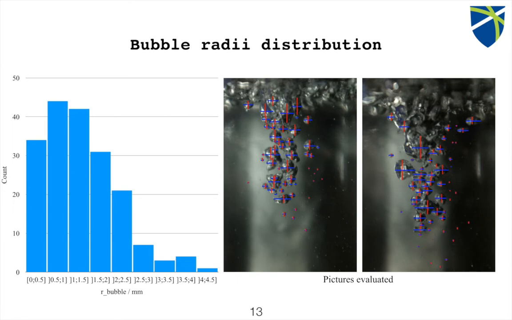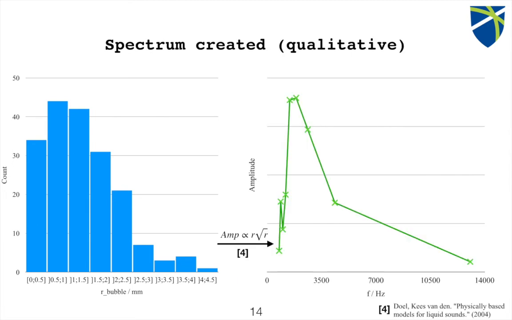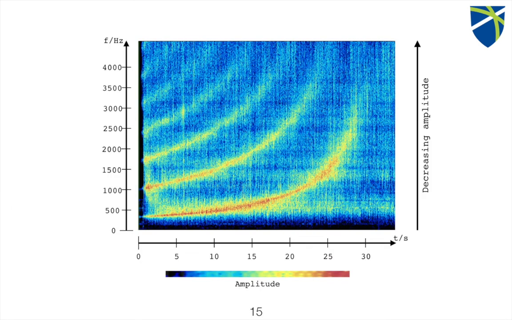We have not as many large bubbles as we have small bubbles, but if we generate a spectrum with a formula introduced by Kees van den Doel in 2004, we can see that the lower frequencies have a much higher amplitude than the higher frequencies, because a large bubble obviously displaces more water, and this affects the amplitude. So this explains the decreasing amplitude from the low frequencies to the high frequencies.